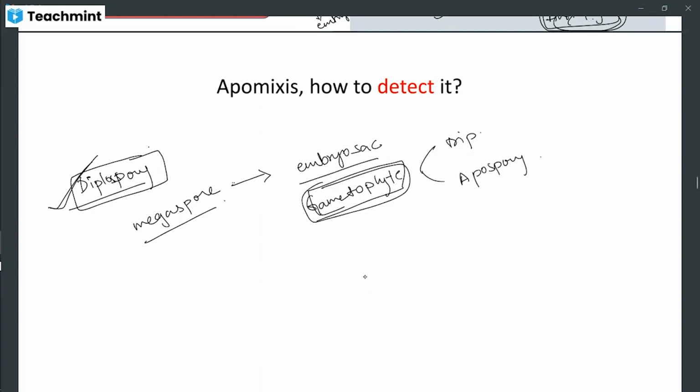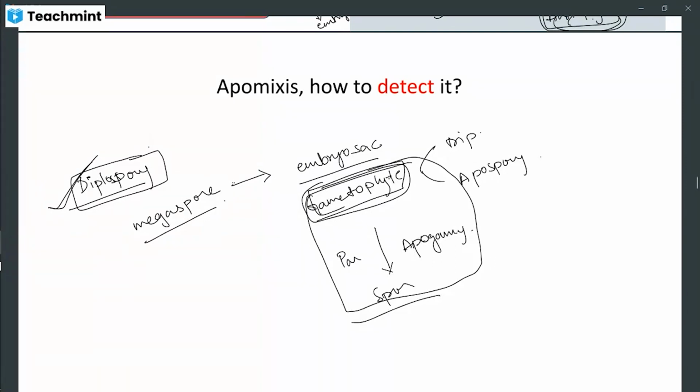Whereas the ones which end with the sporophyte from the gametophyte are parthenogenesis and apogamy. These are the important lines that everyone should remember. Formation of the gametophyte from the sporophyte can be seen in diplospory and apospory, and formation of the sporophyte from the gametophyte can be seen in parthenogenesis and apogamy.